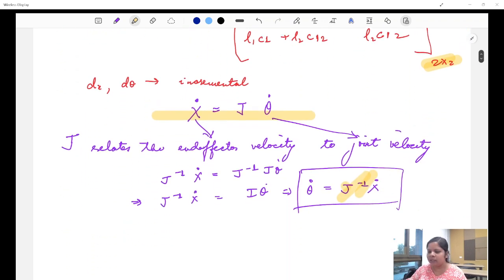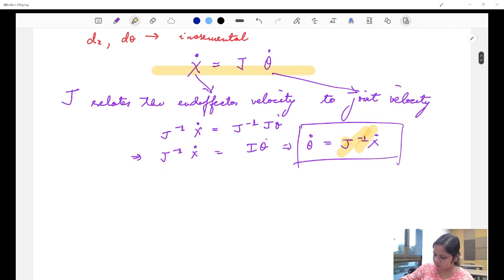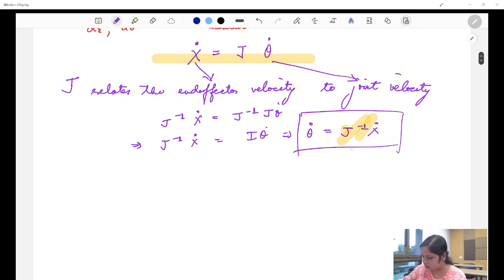Okay, but determinant calculation for a non-square matrix is not possible. So in that case, how will you take the inverse of this matrix? You have a method to calculate the inverse, and that method is pseudo inverse. And it is very simple.